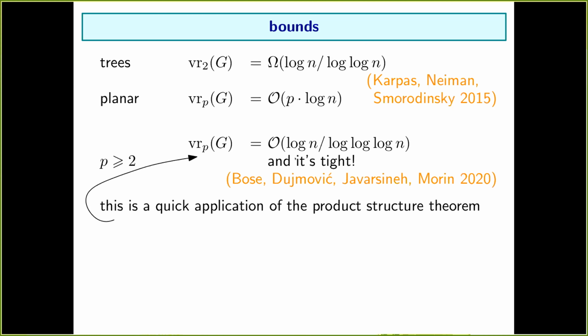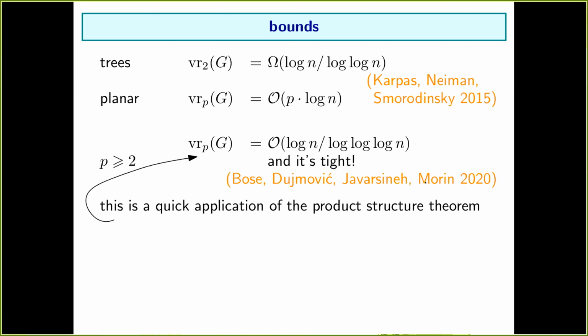And it is known that for every p greater or equal than 2, not 1, the actual asymptotics is log n over log log log n, and this is tight. This is a result of Bose, Dujmović, Javarsineh, and Morin, who is here.